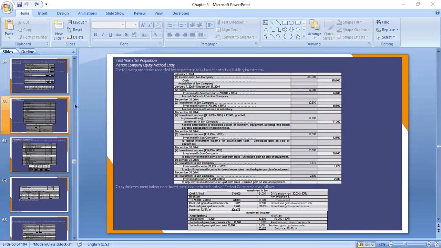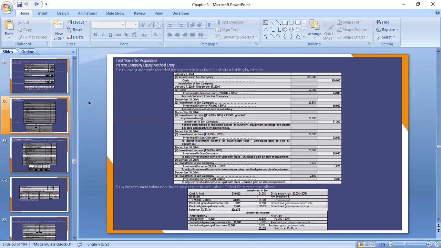Okay, so going back to the equity method, we have to take note of the investment entry, and then for the receipt of the annual dividends, take note that we are crediting the investment account. So, the investment account balance is reduced for the dividends received from Sun.